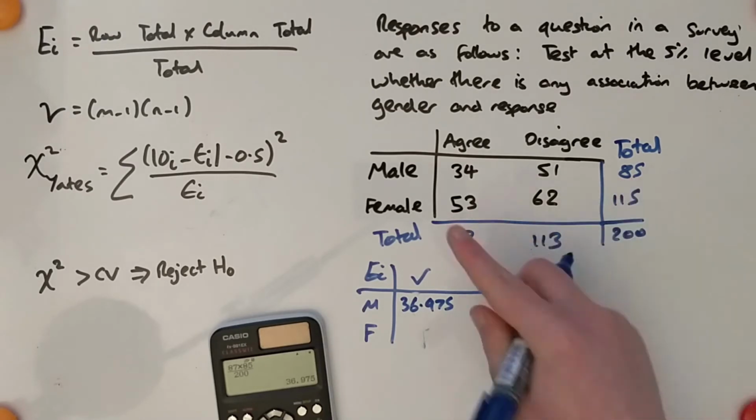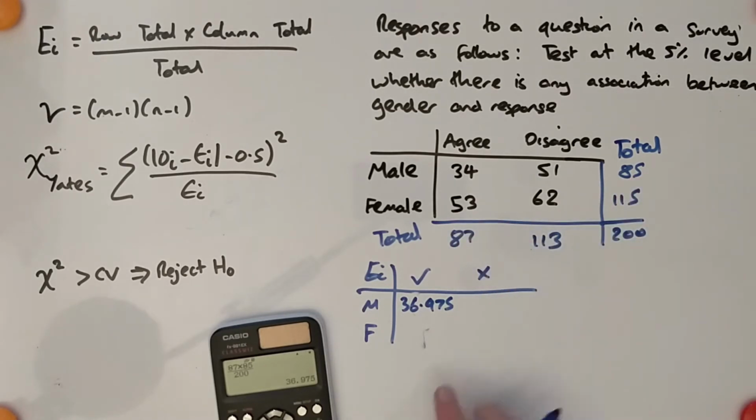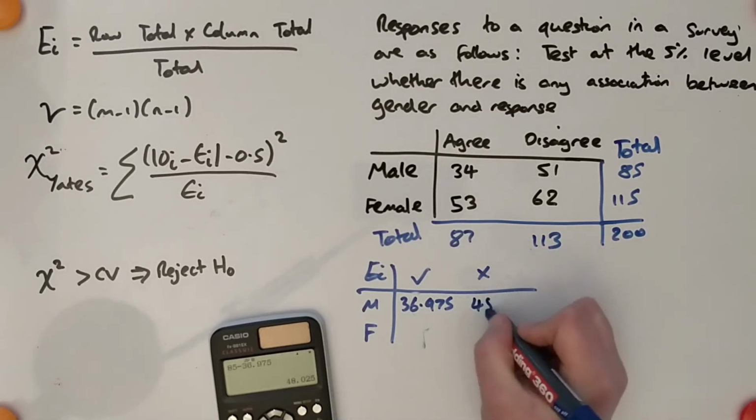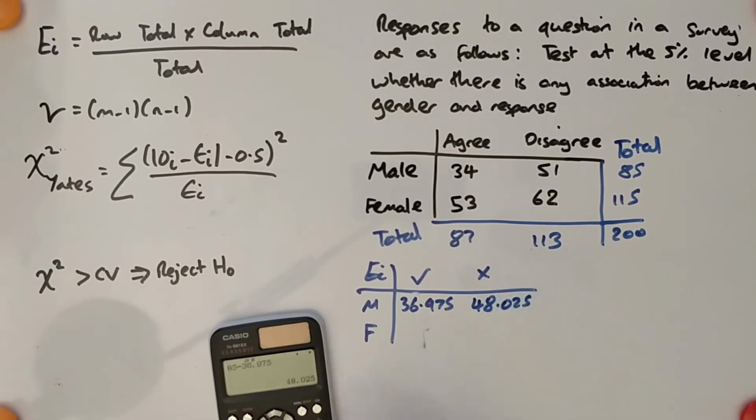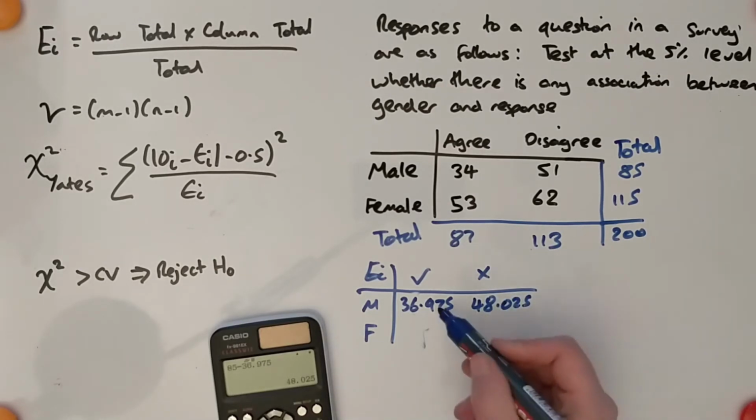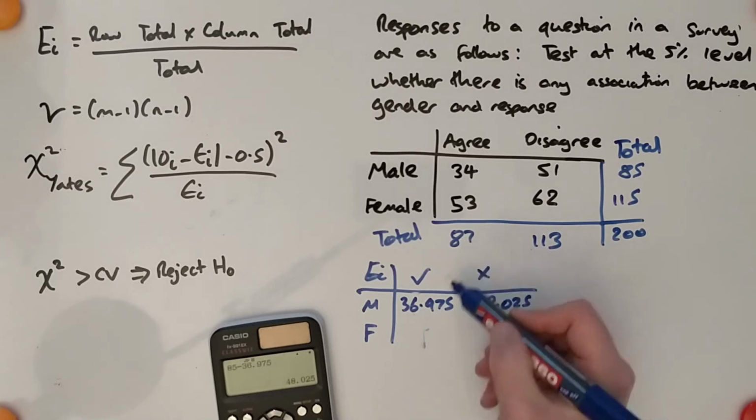We're just doing 85 take away it, because this row is still going to add up to 85. So if I just do 85 take away 36.975, that gives me this value here being 48.025. Then I can work out this one really quickly as well, because I just do 87 take away that.